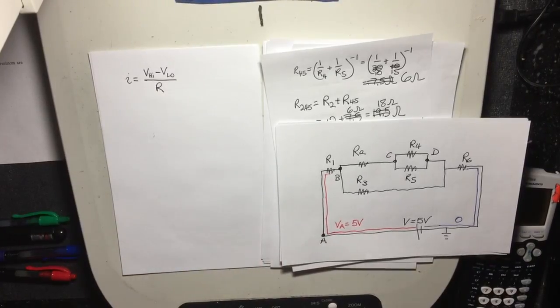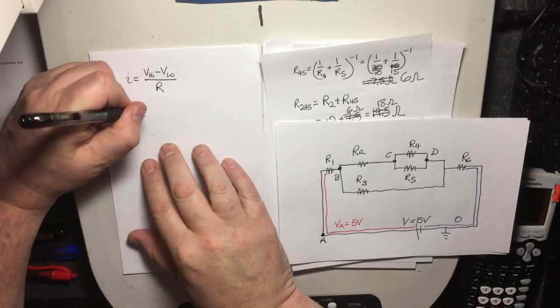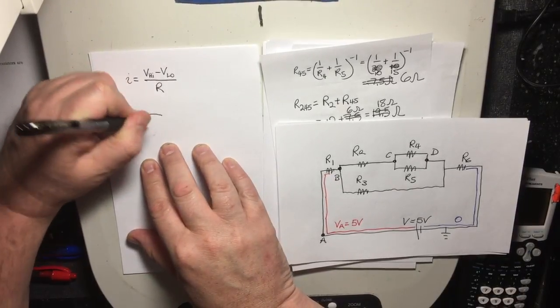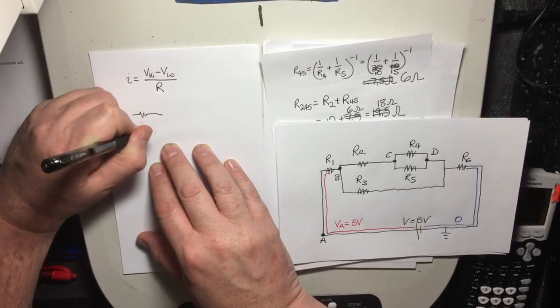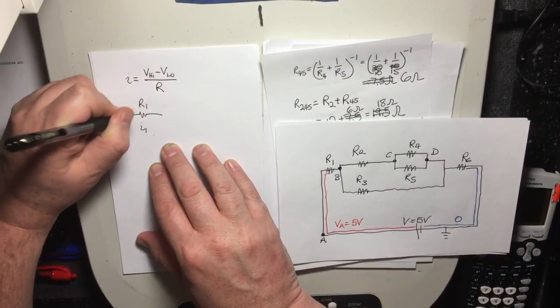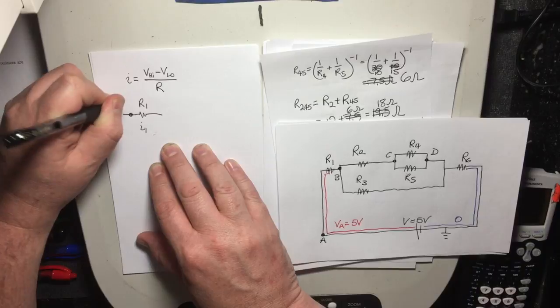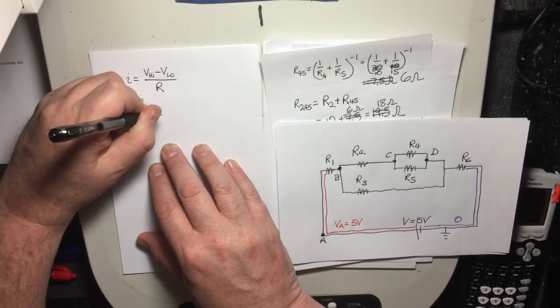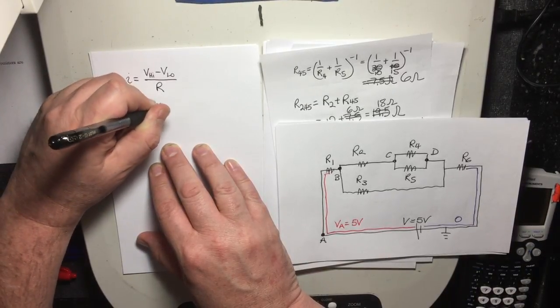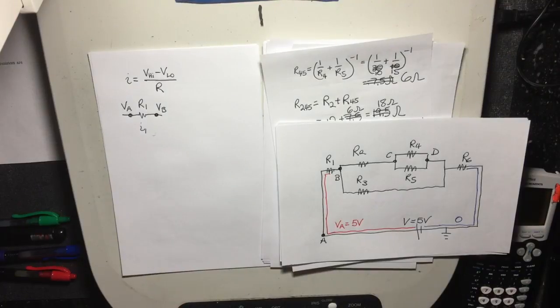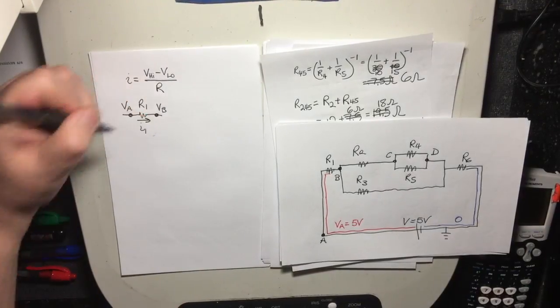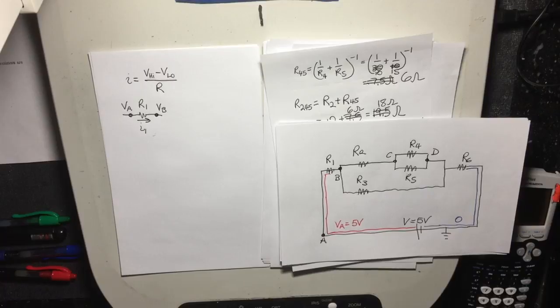If we know 3 of those 4 things for any resistor, we can identify the 4th. Such as I1 going across R1, on the high end we have VA, on the low end we have VB.